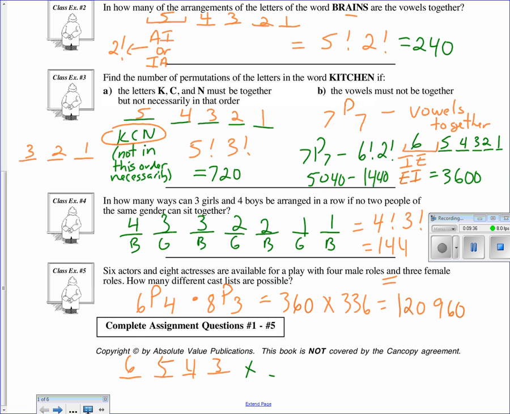And then for the ladies' positions, I had 3 female roles, but there were 8 ladies trying out. So that's 8 times 7 times 6. So I could multiply that out as well. And maybe there's an interesting mathematical pattern for you there. Remember, right now, order is important, and will continue to be so for these lessons today.